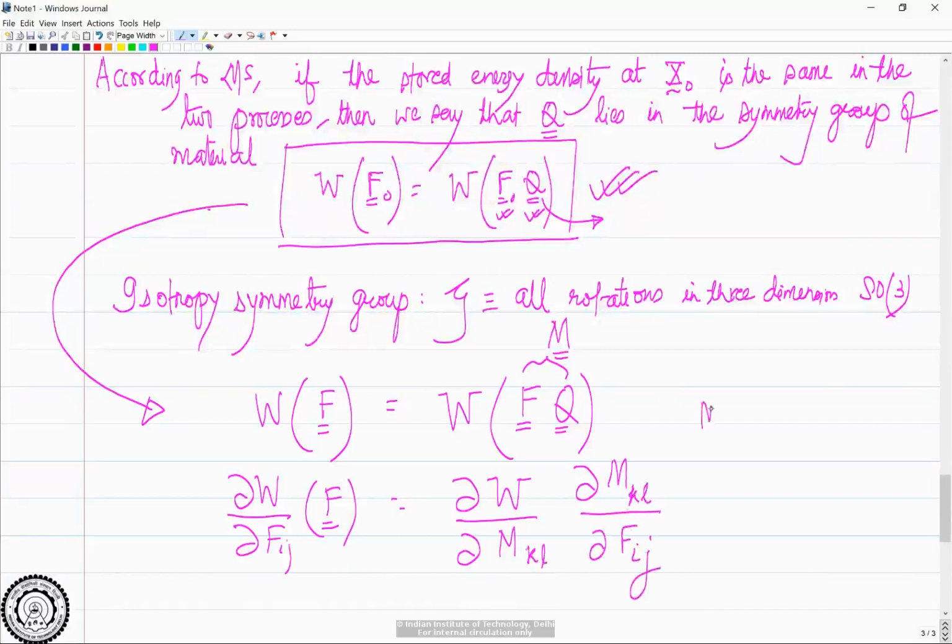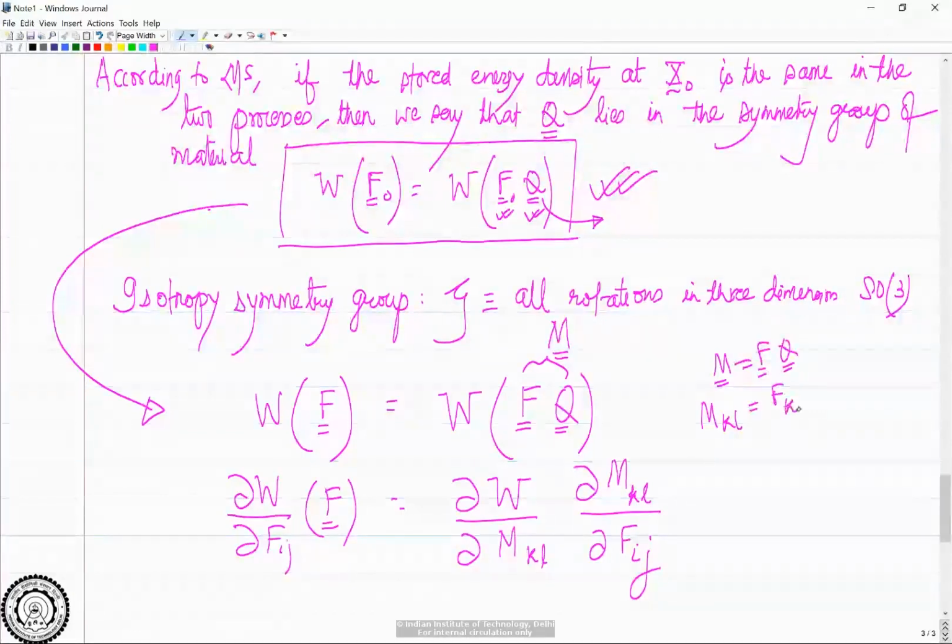And what is M_kl? So M is FQ, then M_kl will be equal to F_kp into Q_pl, right? Simple product. So you can come back here and this becomes del W over del M_kl and then del M_kl by del F_ij.